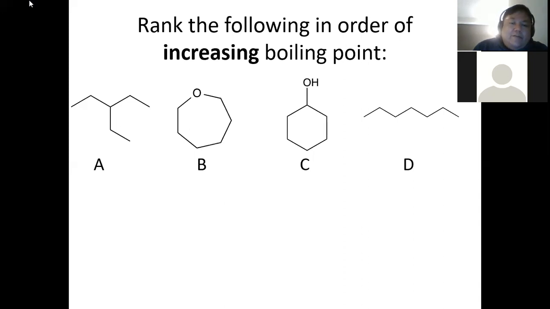And then finally, the difference between D and A, if it's a straight chain versus that type of bent thing where you have different things coming off, D will have the higher boiling point. So from lowest to highest should be A to D to B to C, right? And so we think about it as our intermolecular forces. So the stronger the intermolecular forces, the higher the boiling point. All right.